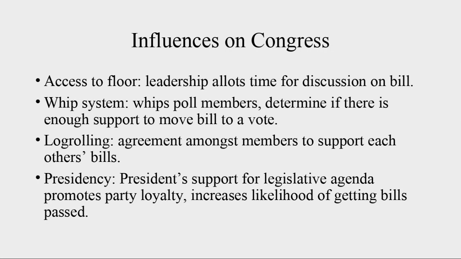And it also helps if the president and Congress leadership are working together. President Obama made it very clear to the Democrats in 2010 that he wanted the Affordable Care Act. So Democrats were like, well, we can't go against our president. Even if they didn't really love the Affordable Care Act, they were definitely going to vote for it.